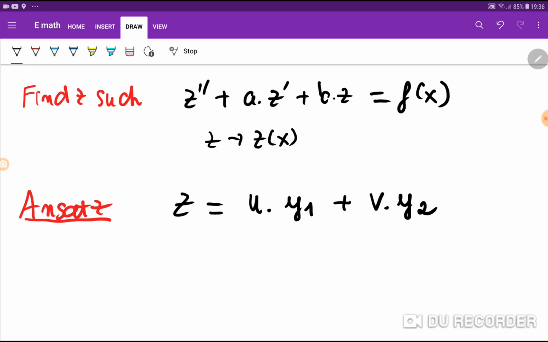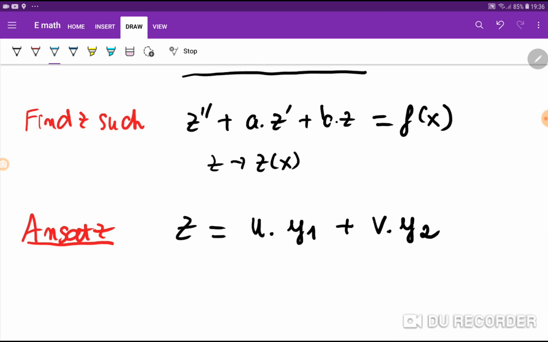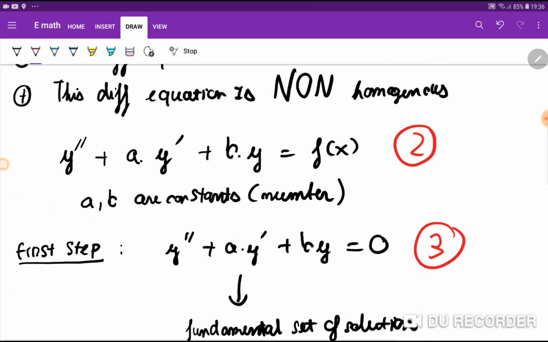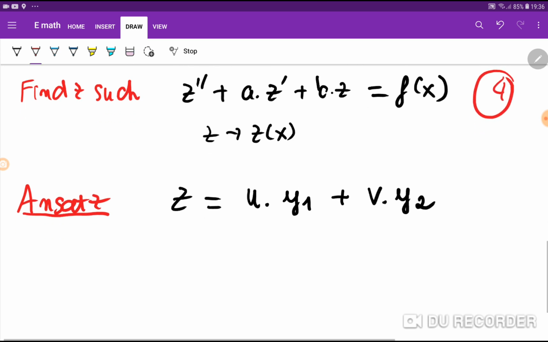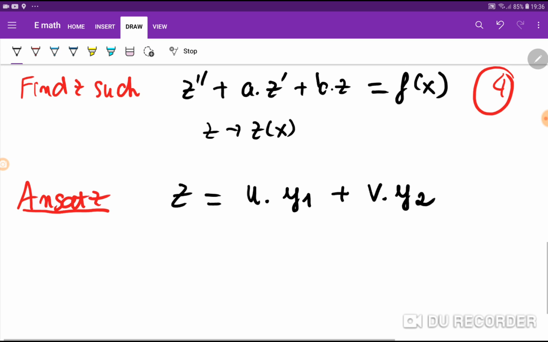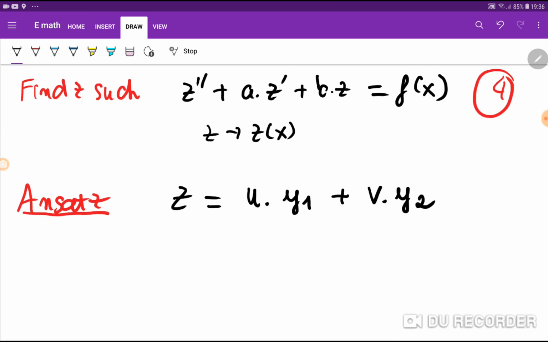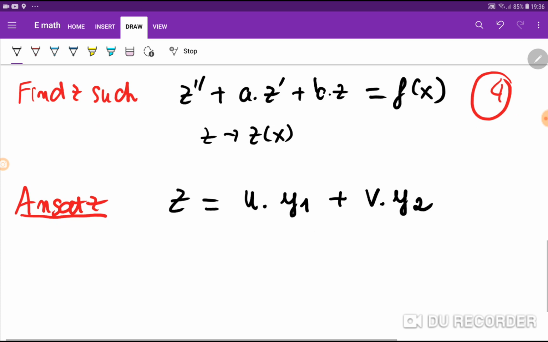Let me label this equation 4, since 3 is already taken. They find z', z, and z'', and plug them into equation 4 to see what constraint they have.